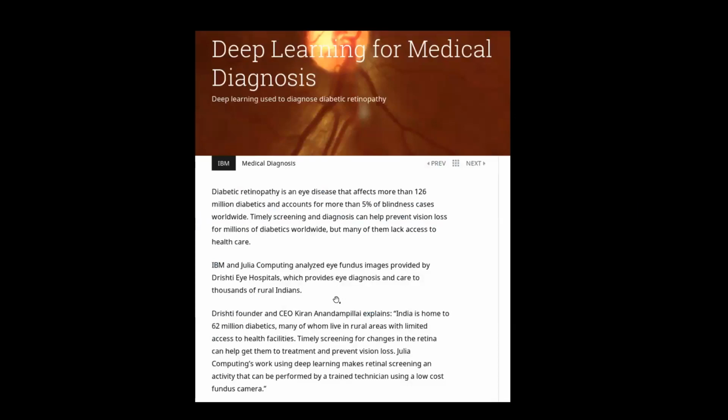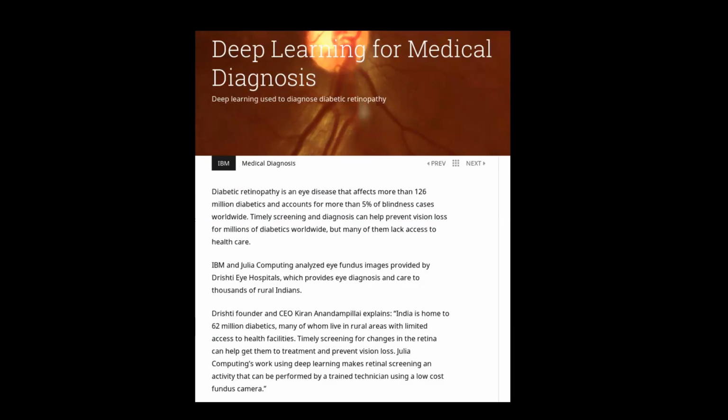And again, here's one of my favorites. This is in India, where diabetic retinopathy affects 126 million diabetics and accounts for blindness. And the problem is that in India, there were so many people that had to be diagnosed. India is home to 62 million diabetics, many of whom live in rural areas. Timely screening for changes can help them get treatment for the loss.